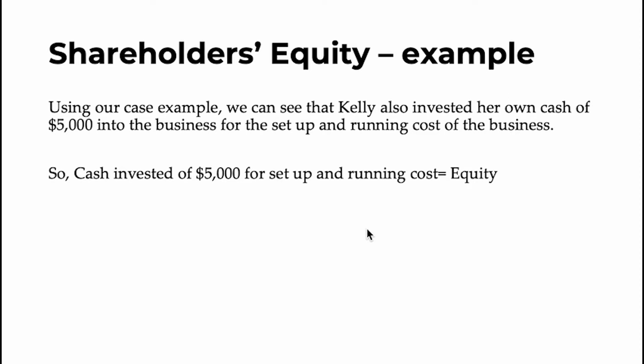We've seen that she said she's going to set up a company, so that means the money she's invested is in the form of equity. If she had mentioned she's going to put it in as a loan, then it would have gone in as a loan. But by default, owner's money invested into the business is generally the equity invested in the business.